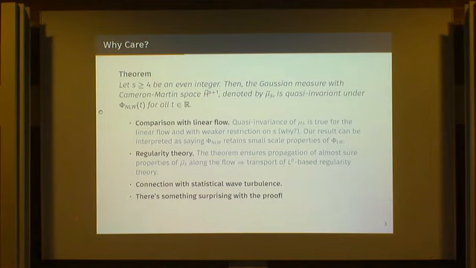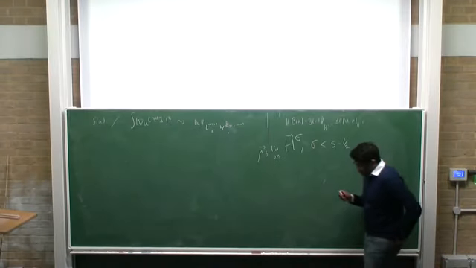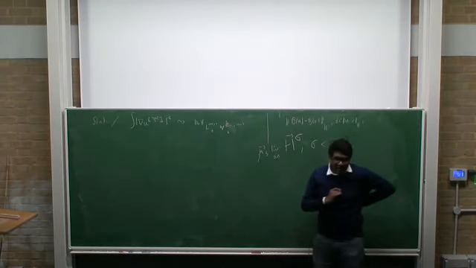And then there are two more. This one I want to spend less time on, but there's a connection to statistical wave turbulence, and it's a very small connection. We don't do much in this direction. But in statistical wave turbulence, if you remember, I said you can view this as randomizing your initial data.